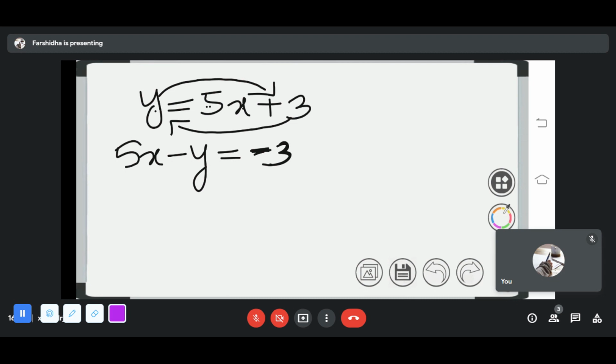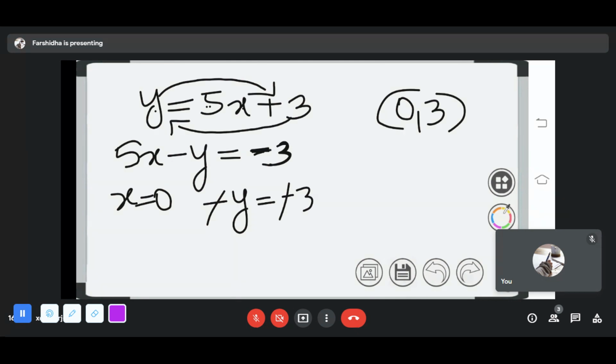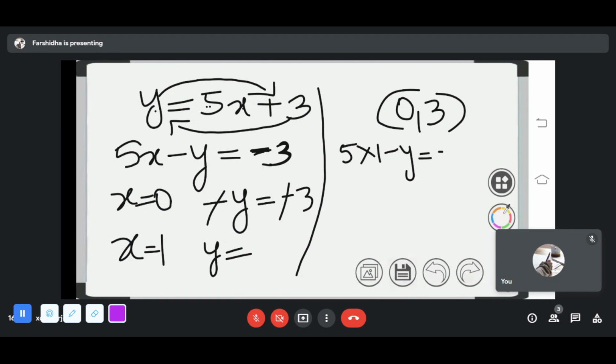The first point is correct. If you take x is equal to 0, you'll get minus y is equal to minus 3. Negative, negative got cancelled, y is equal to 3. So your first point is 0, 3. Same way, take x is equal to 1. Small change is there. You'll put x is equal to 1, so 5 into 1 minus y is equal to minus 3. 5 minus y is equal to minus 3.